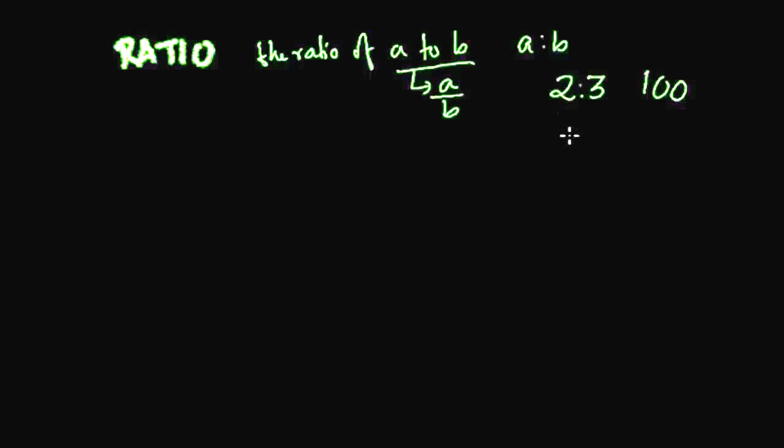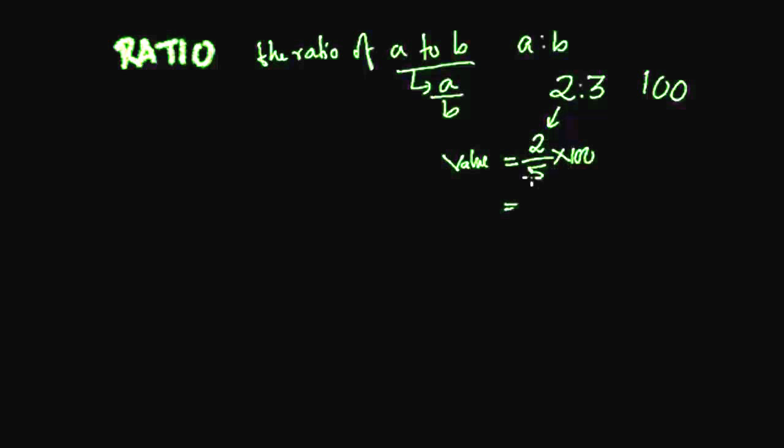Now we don't know what the portions are, but we can say 2 portions means 2 portions out of 5. So if you want to find the value of this portion, it means 2 by 5 out of 100.